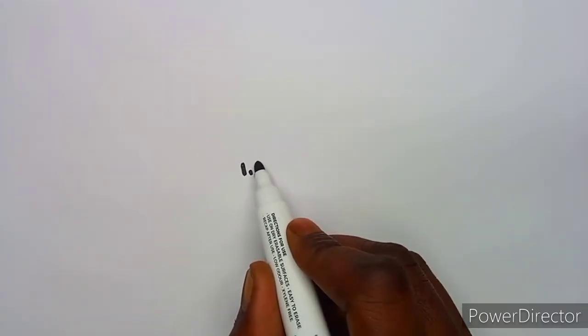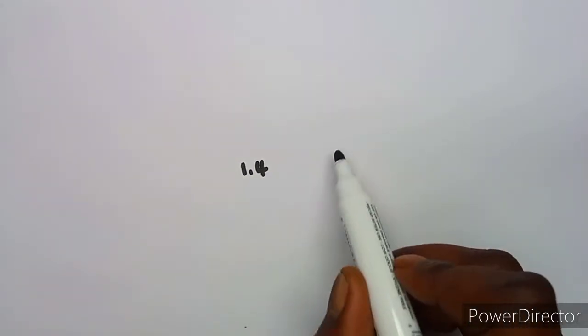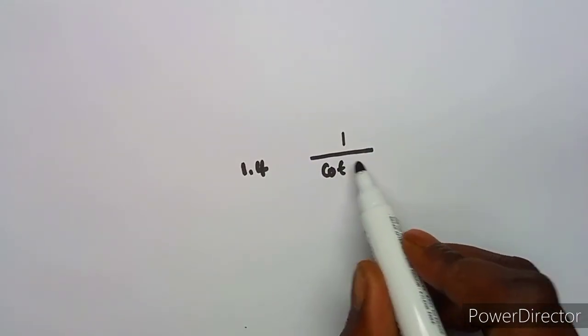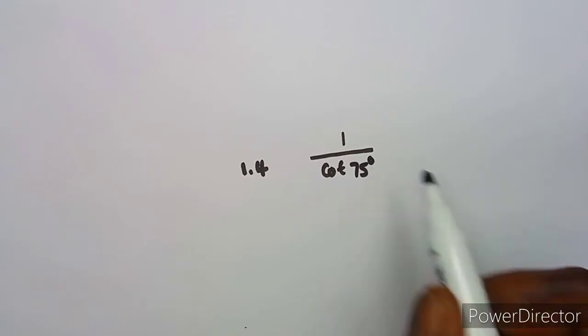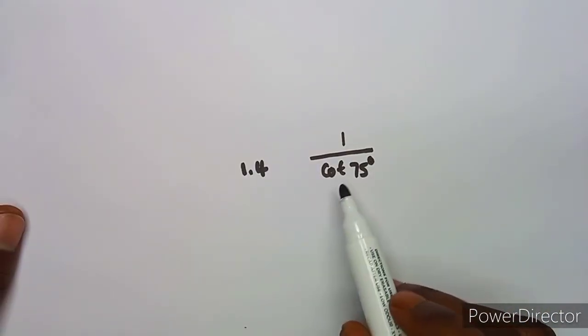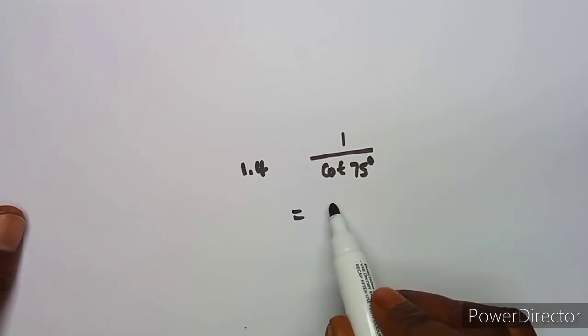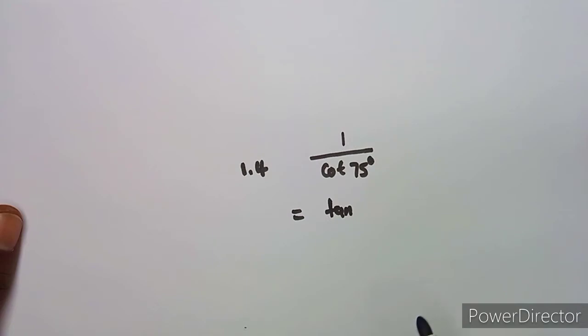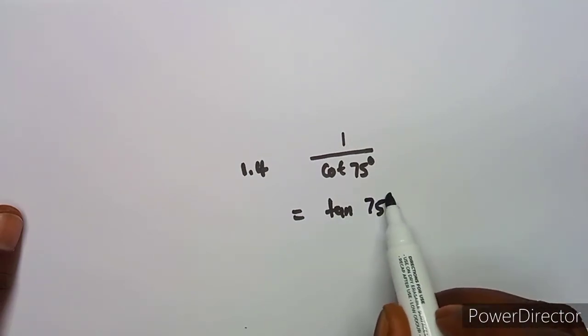So we are saying 1 over cot 75 degrees. Actually 1 over cot is tan, which is tan 75 degrees.